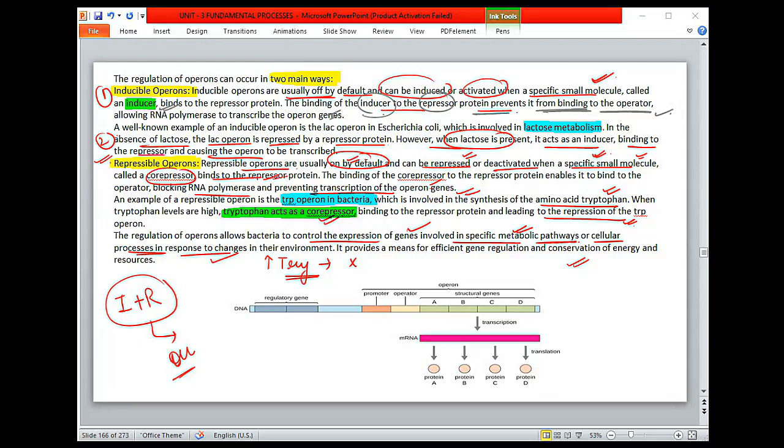Others also, is it clear? No doubt. Okay, let's proceed further now.